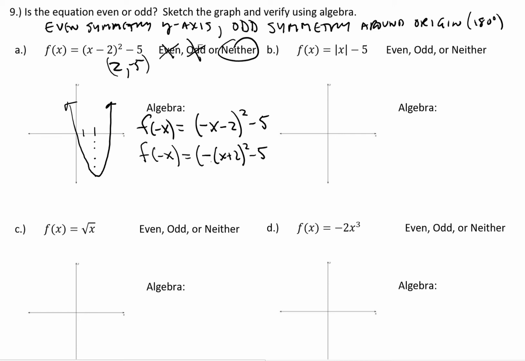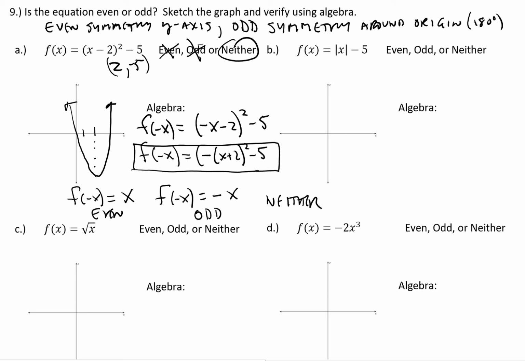So in algebra, when we plug in -x, if we get the same thing, it's even. If I plug in -x and I end up getting the opposite of the original function, then it's odd. If even doesn't happen and odd doesn't happen and I come up with something else, then it would be neither. Okay, so this is showing me algebraically that it is neither.